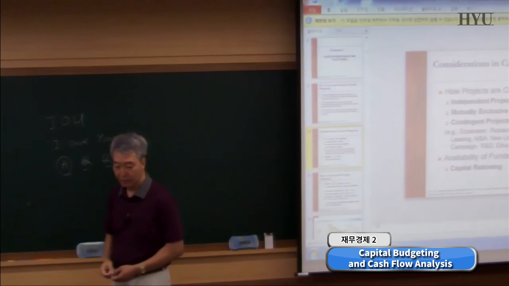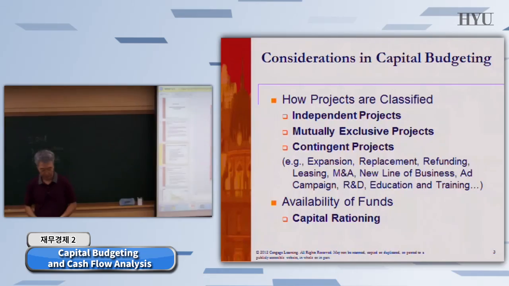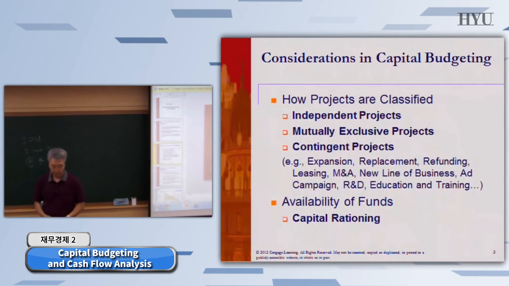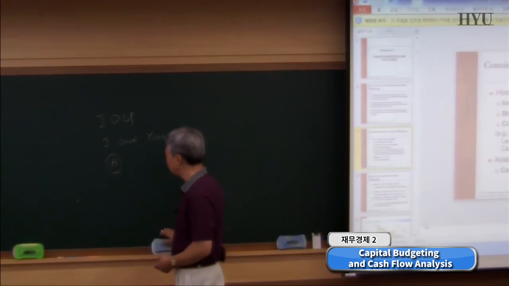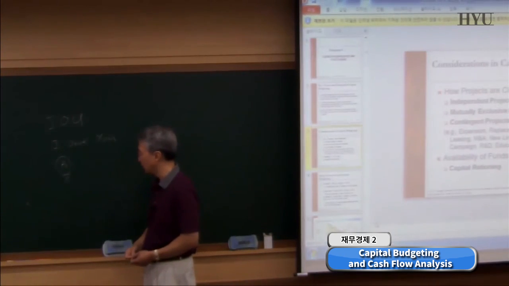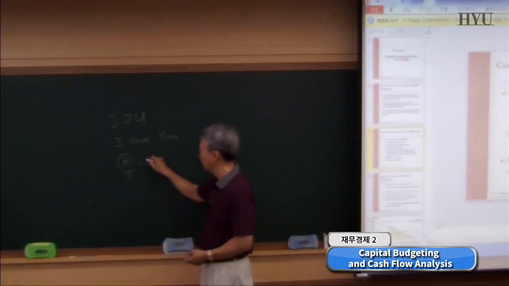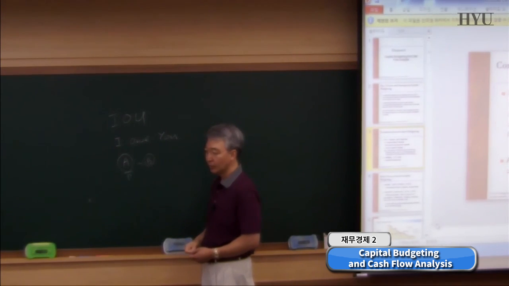That's mutually exclusive projects. Contingent projects means if you decide to go ahead with project A, there has to be another, related project.